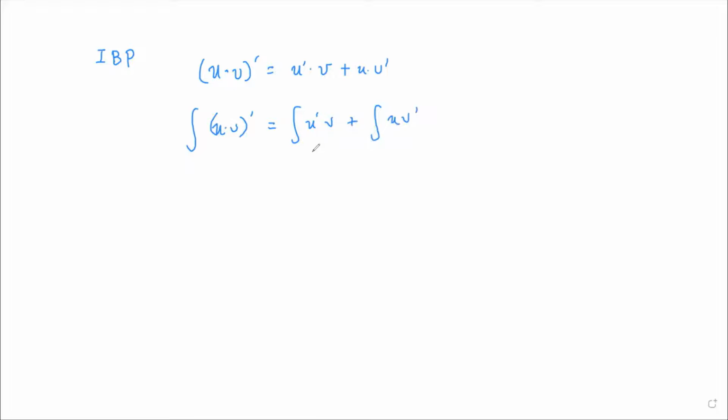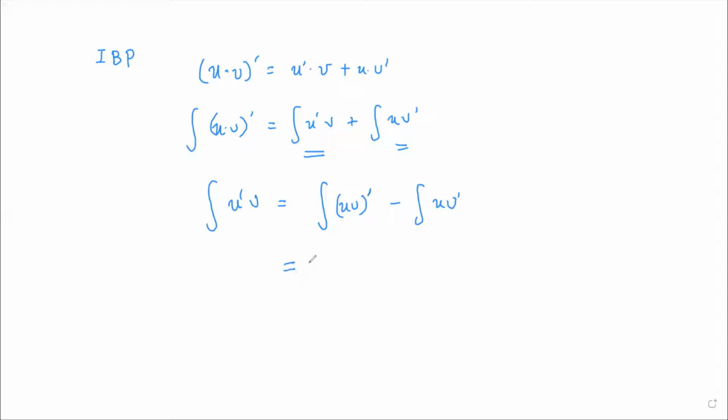All right, sometimes we're looking for this, but it's difficult to find directly. This is probably easier. So we can get that the integral of u prime v equals the integral of u v prime minus u v prime, antiderivative.